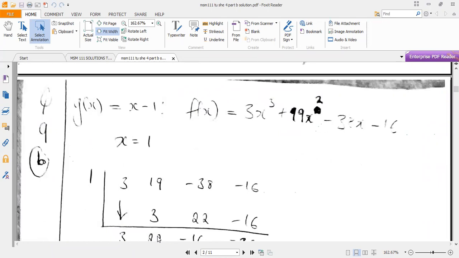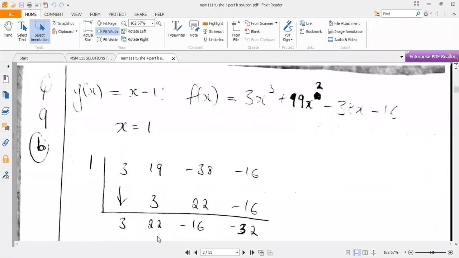Okay, we got to question 9. For question 9, they're saying to use synthetic division to show that g of x is a factor of f of x and complete the factorization. So now, how do we do that?